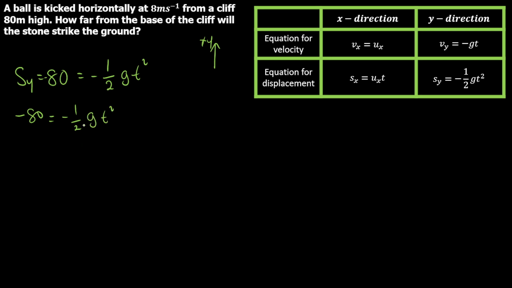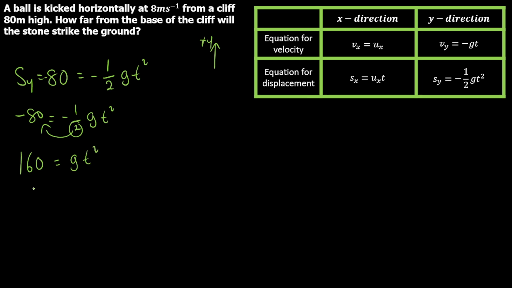Okay, so we can then multiply both sides by negative 1, and we'll get positive on both sides, and then bring over the 2 to this side, which gives us 160 equals gt squared.